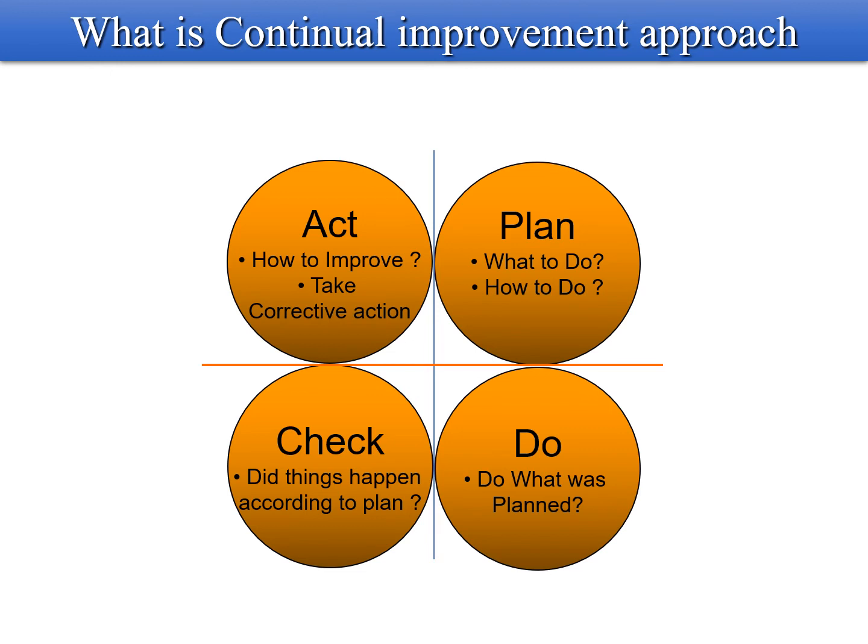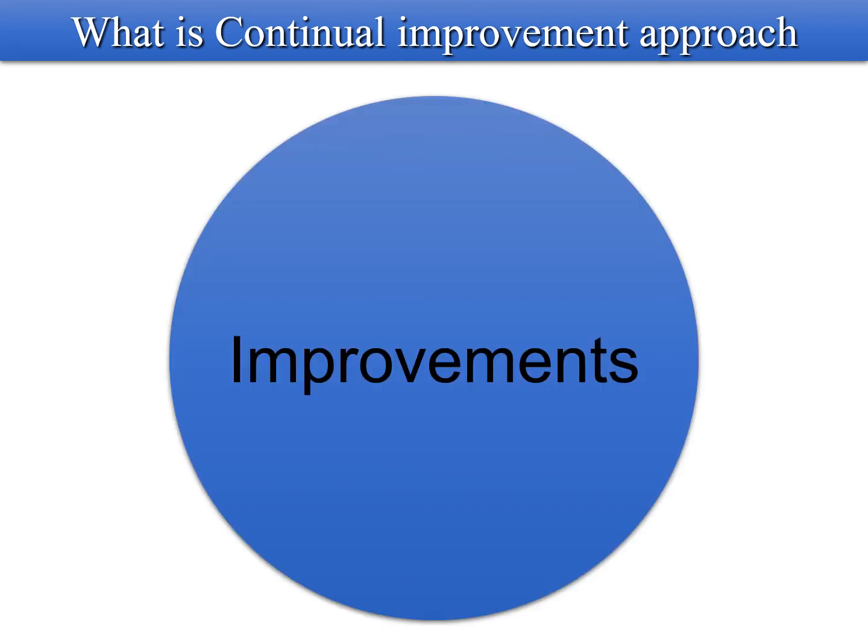So in order to control that variation, again you need to change your plan. So that is how you have to have a continuous PDCA cycle run across for improvements. That is why we say objectives are basically meant for continual improvements.